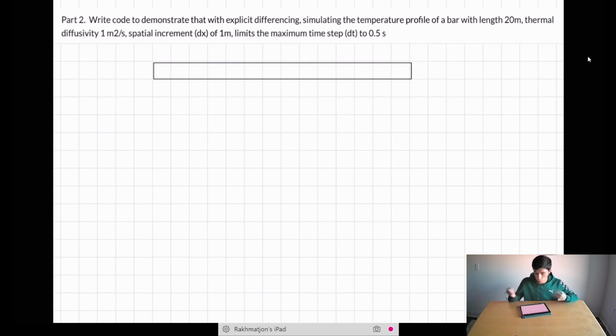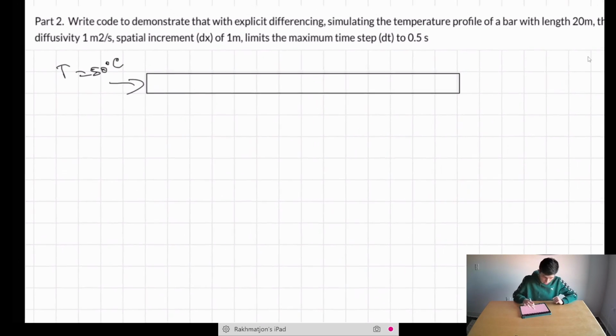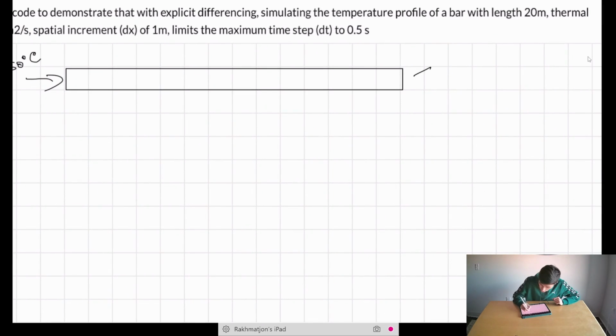So in the problem, we are given a bar of length 20 meters, right? Let's say the temperature on the left side of our bar is equal to 50 degrees Celsius, and the temperature on the right is equal to 80 Celsius.